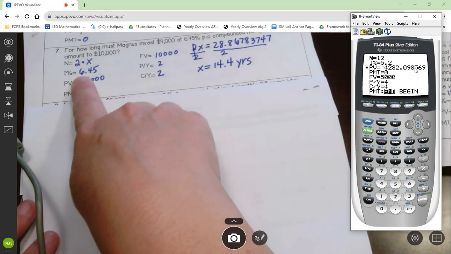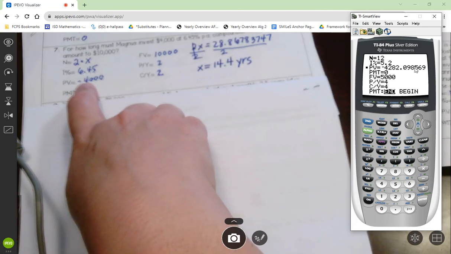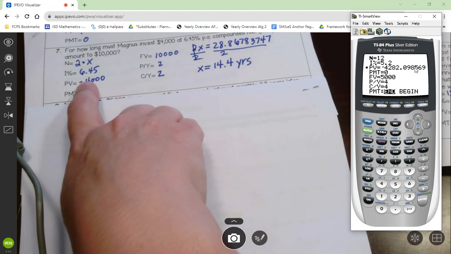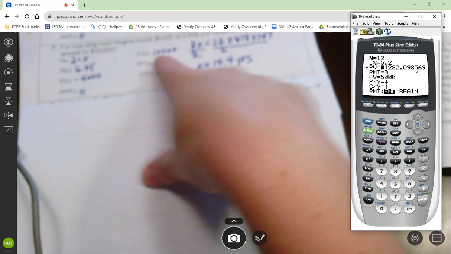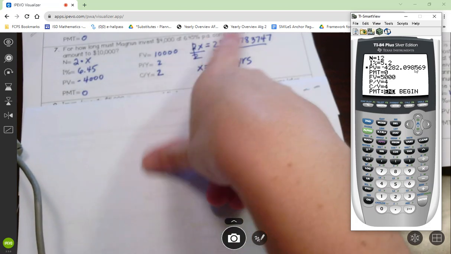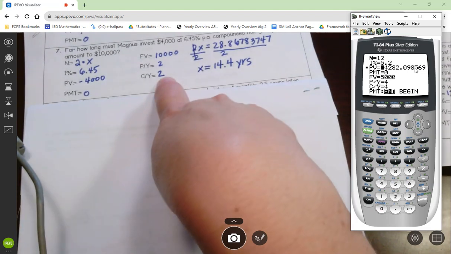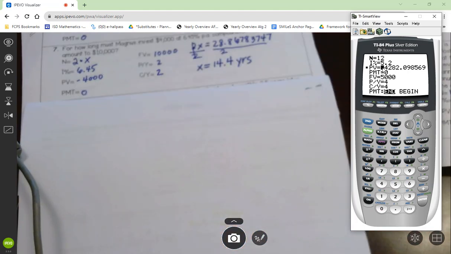The percentage rate is 6.45, and the initial investment is $4,000, which we report as a negative number. We're not making any payments, and we want to know when it's going to be $10,000. And since it's compounded half yearly, we'll put 2 here and here.